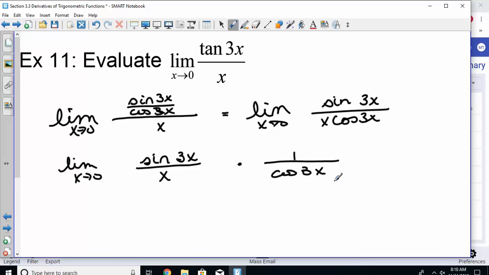Everyone still following? Okay. At this point, for the first one, what do I need in order for that to be able to simplify? Right, I need a sine 3x over 3x. So if I do this, tell me if I lose you. If I add the 3 on the bottom, we have to put it on the top as well.